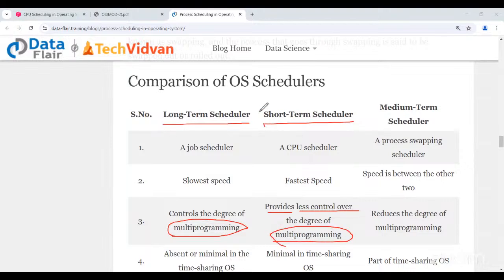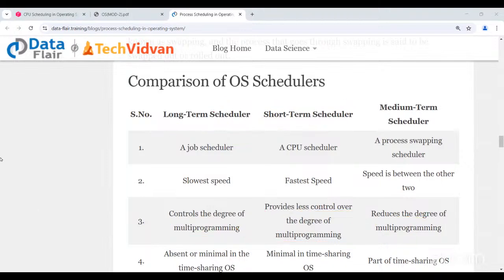So short-term scheduler does not have control on the multi-programming. Long-term scheduler has the control on the multi-programming. And medium-term scheduler reduces the degree of multi-programming. That is the moderate. What is a multi-programming operating system? We have discussed it in the beginning of the classes.